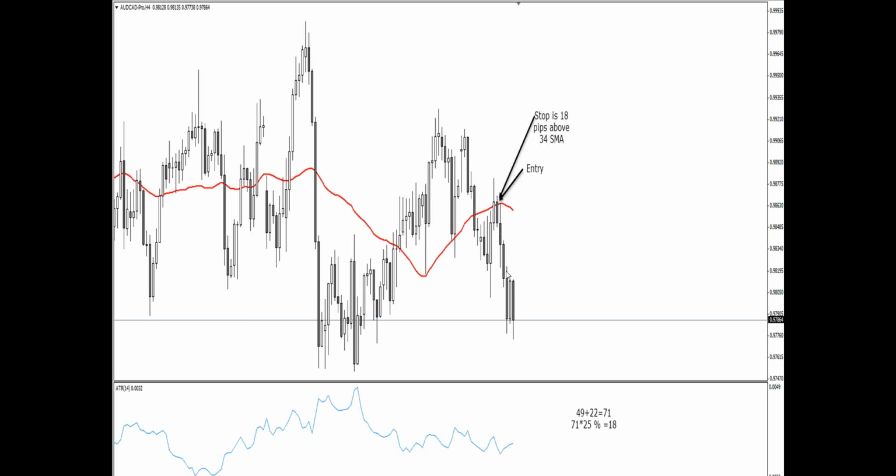Look. Stop loss, you add these two numbers. 49 plus 22 is 71. 71 times 25% is 18. 18 plus spread, so the stop is 18 pips plus spread, so something around 20-21 pips after the entry.